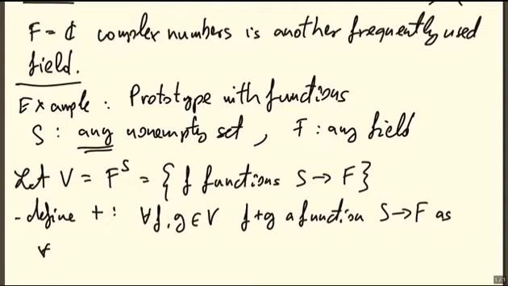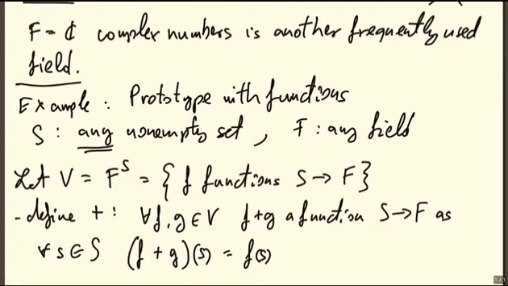So the way we define a function is that we write down the formula for all s from this set S. We have to define what the value of the function is. So f plus g is a function, and the obvious way to define it is that we add together the values f of s and g of s. And since these are already in F and we have addition in F, we see that this is in F.